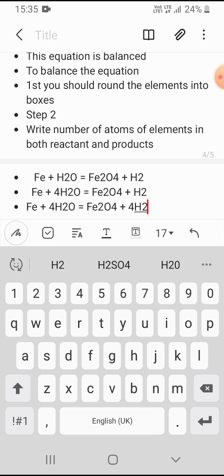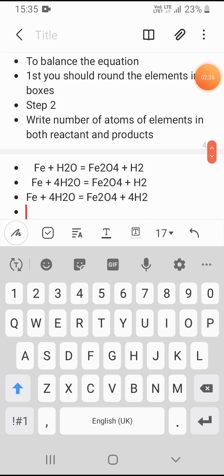So now see here, it became Fe, that has 1 molecule, and H2, 4H2 has 8, and here 4H2 also has 8, and O4 it has, because 4 ones are 4 it has, and here also 4 it has.